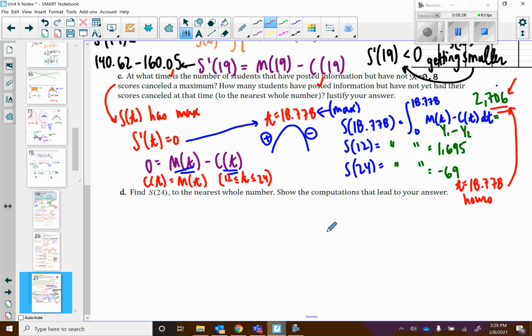Show the computations that led you to your answer. Well, we basically already found this, but S of 24 is equal to the integral from 0 to 24 of m of t minus c of t with respect to t dt. Of course, this is something we are going to let our calculators do because right now we don't have the tools to do otherwise.